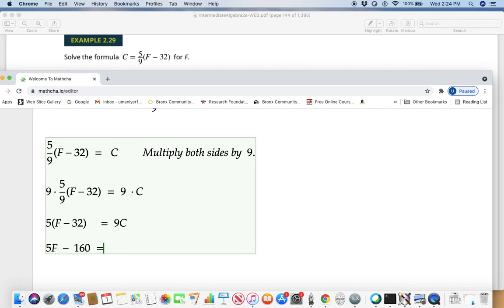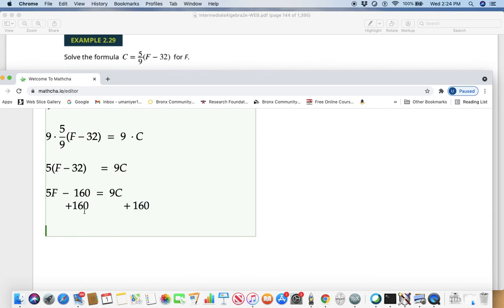It is 160 equals 9C. The goal is to solve for F. Get rid of minus 160. Add 160 to both sides. These two cancel. You are left with 5F equals 9C plus 160.